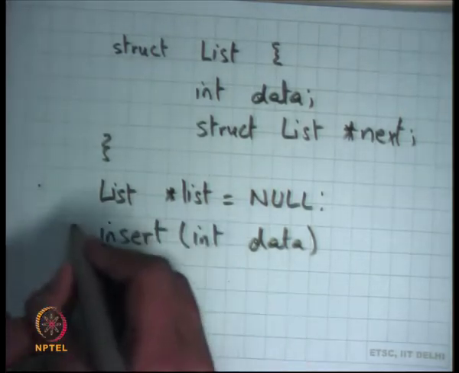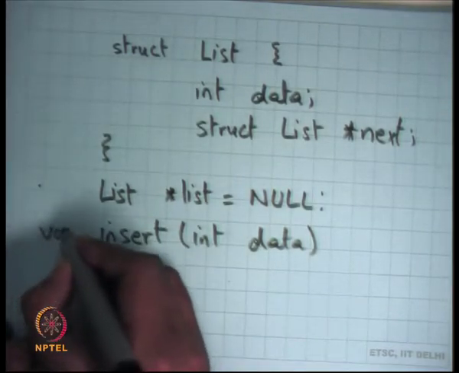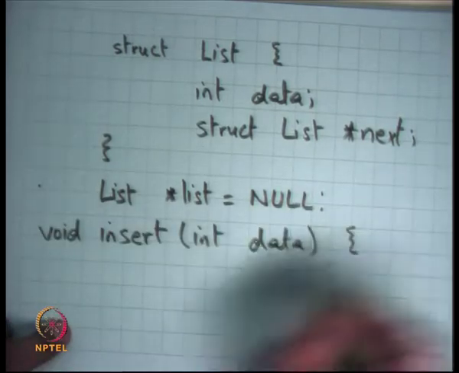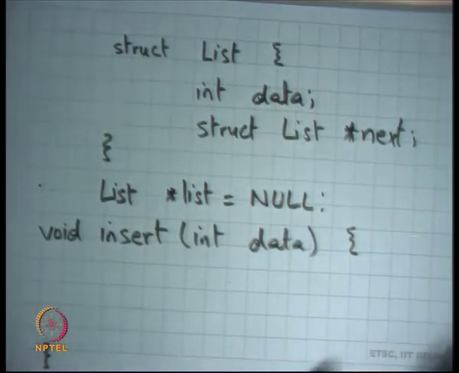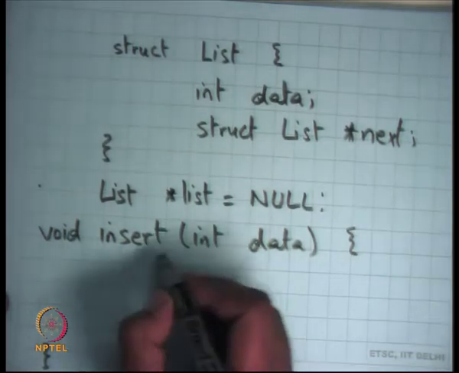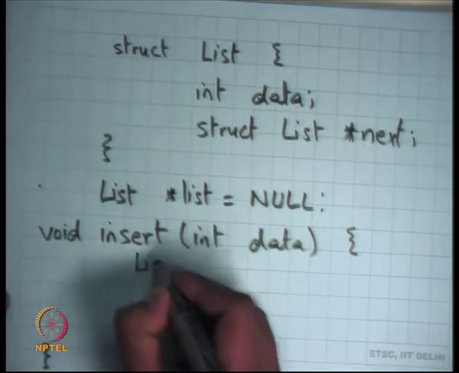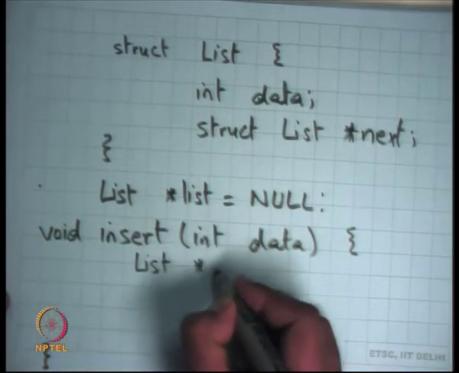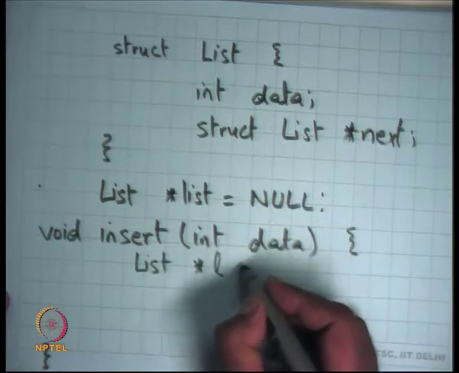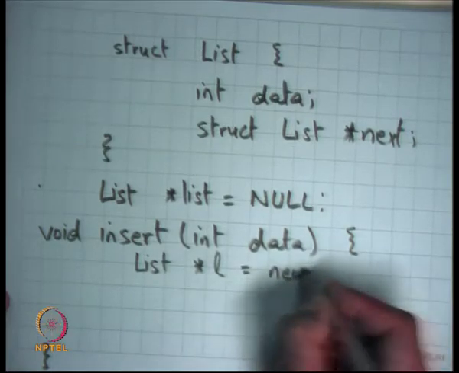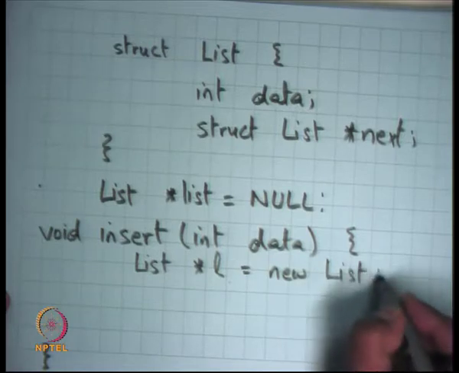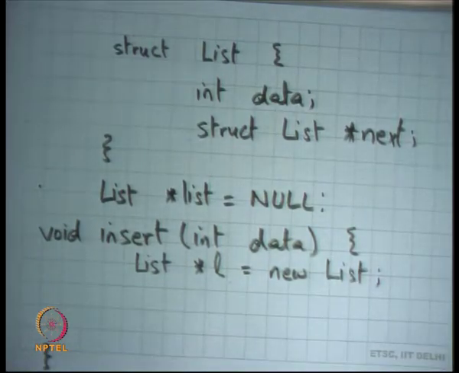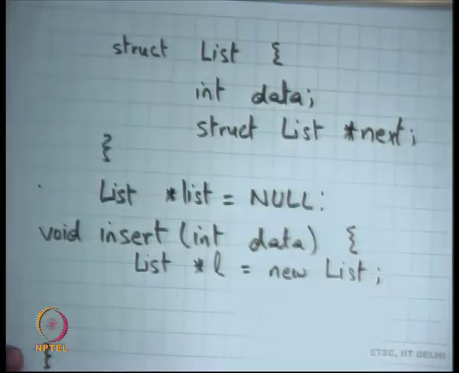So let's say this is void insert, and I'm going to write the code for this. The code is very simple. It just says list star L, this local variable, is equal to new list. I'm using new instead of malloc, but basically you allocate some space on the heap to create a node of the list.